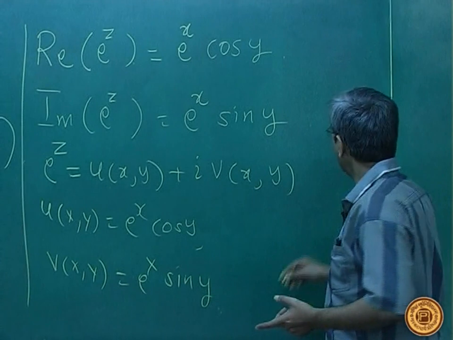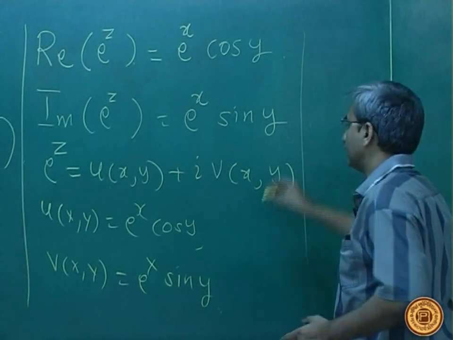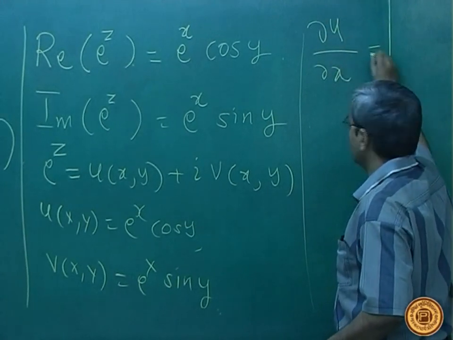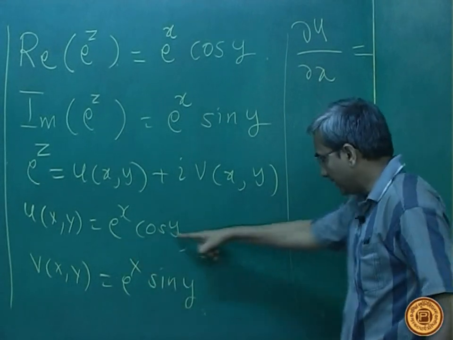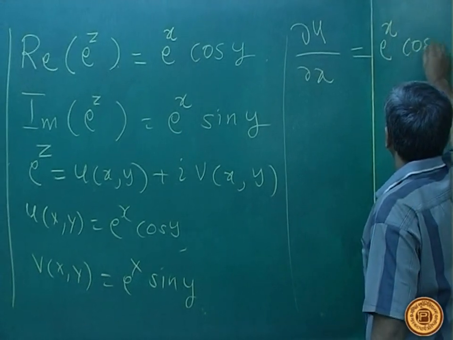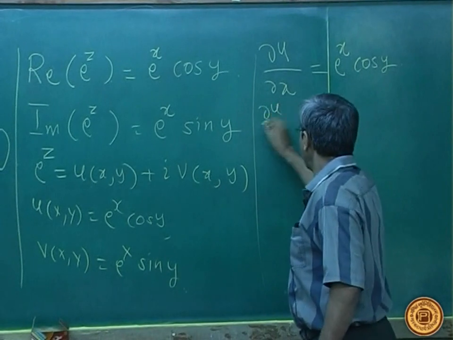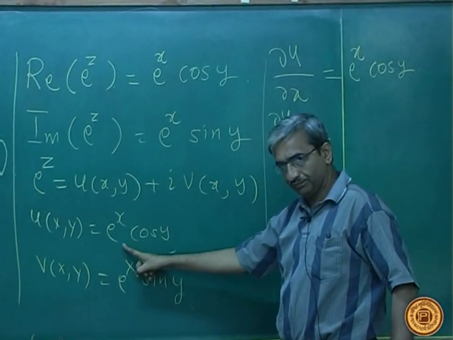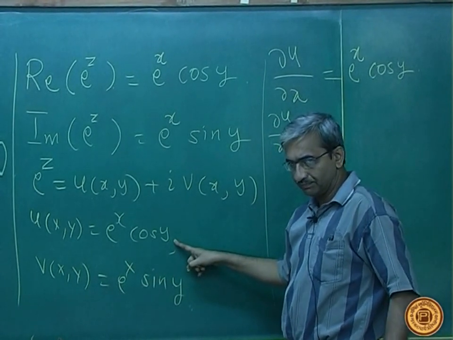So let us find the first order partial derivatives of this u and v. So ∂u/∂x is equal to what? This is u. So can you find ∂u/∂x? Yes, it is e to the power x cos y. ∂u/∂y, this is u, so what is the partial derivative with respect to y?